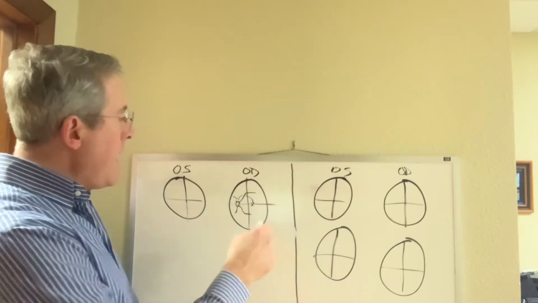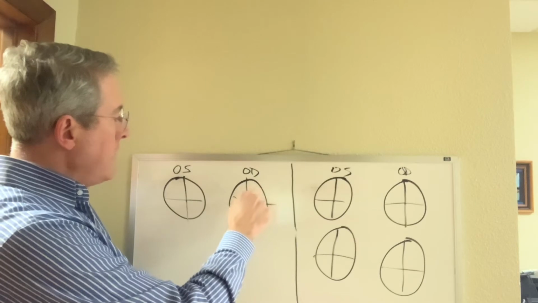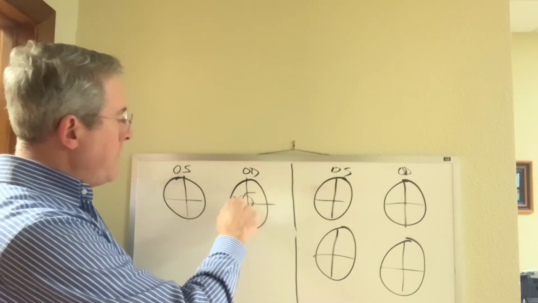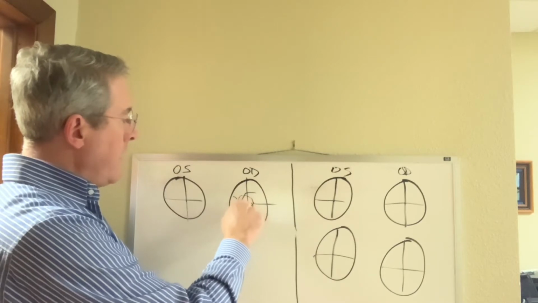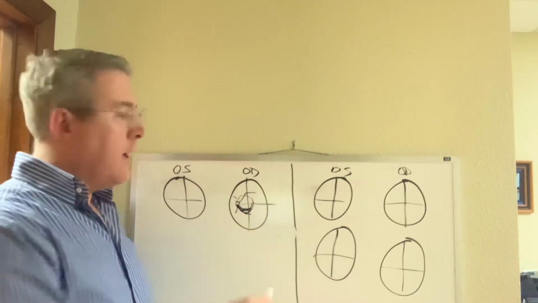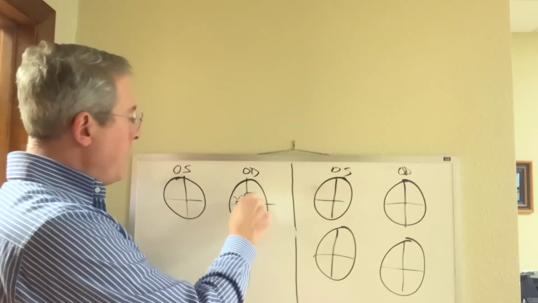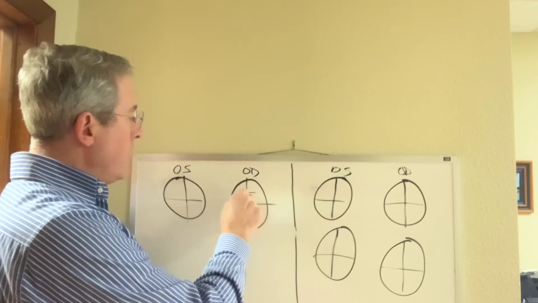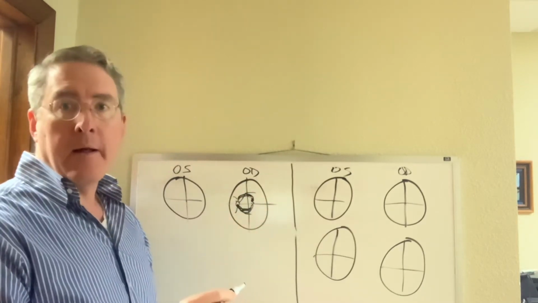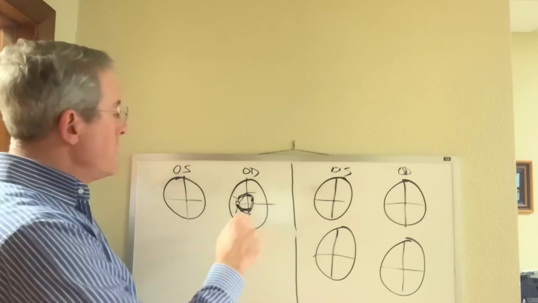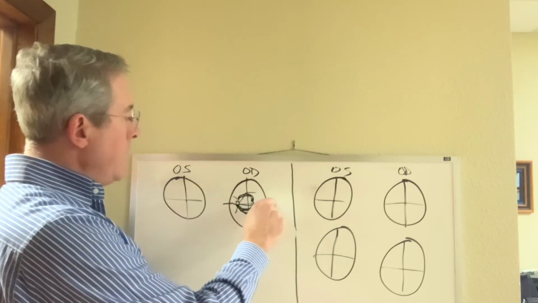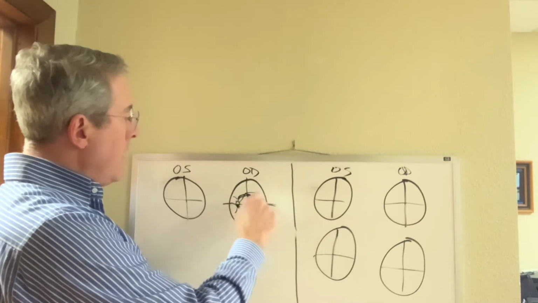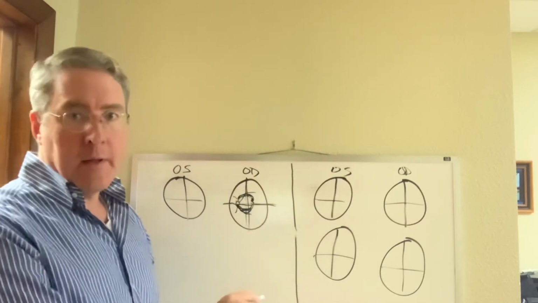If you have a visual field defect due to damage to the optic nerve here, you're going to get a visual field defect that radiates out like that. If you have some problem in the retina here, you're going to have a visual field defect that radiates back towards the optic nerve. So this is going to be a visual field defect that respects the horizontal midline, but crosses the vertical midline.